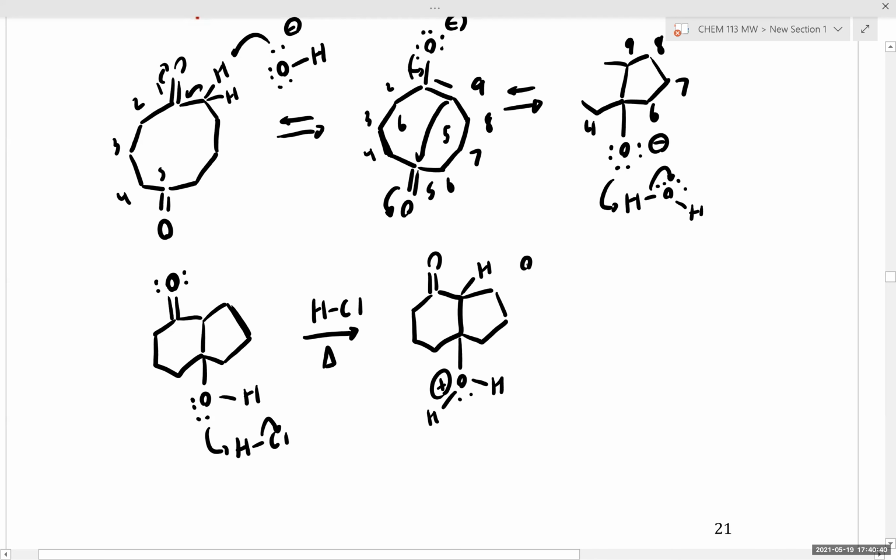From here now, we can eliminate our leaving group and kick out water to form the enone. And this is the key step that drives this equilibrium towards the products. And this gives us our desired 5,6 fused enone.